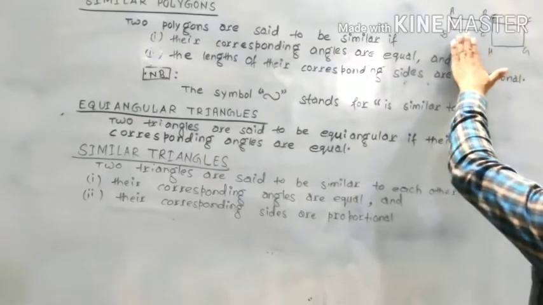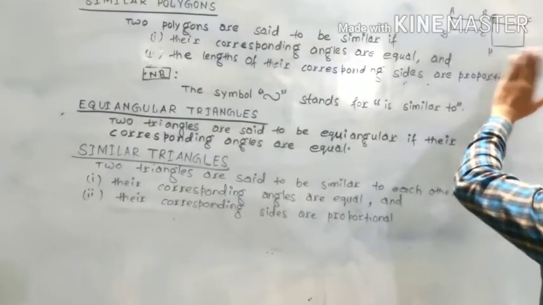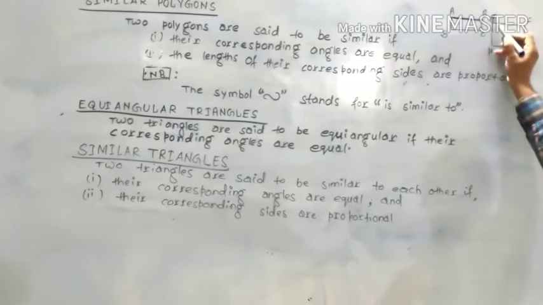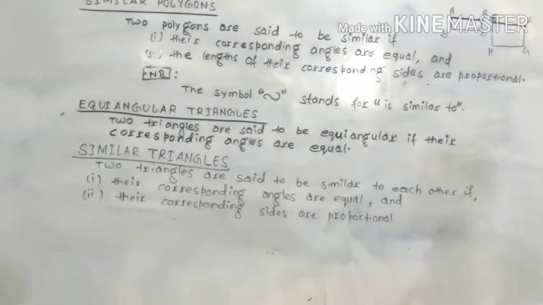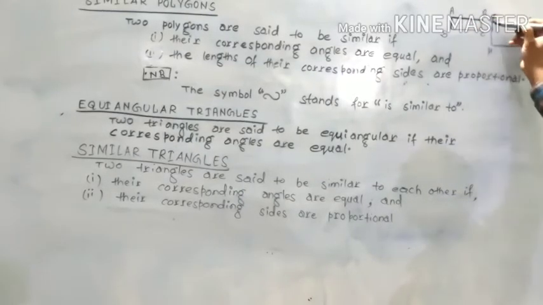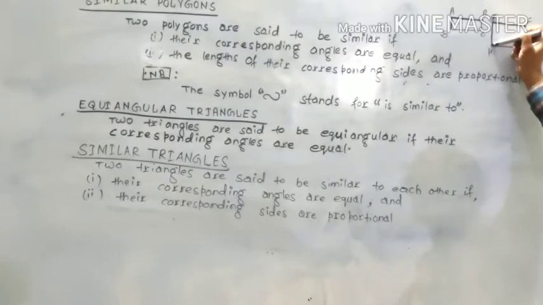That means if ABCD is a rectangle, then EFGH is also a rectangle. Then AB is the corresponding side of EF and AD is the corresponding side of EH.